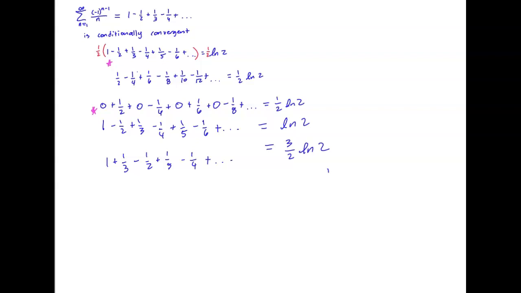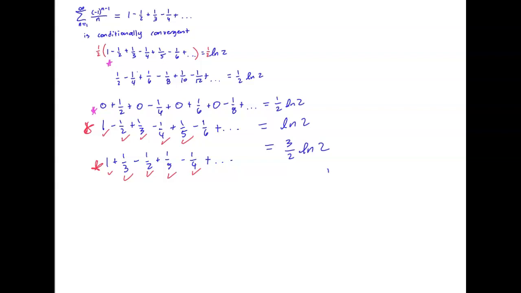And so what you'll notice is that this series actually has the exact same terms as our original series. They're rearranged though. So I have the 1, I got the 1. I got the negative 1/2, I got the negative 1/2. I got the 1/3, I got the 1/3. Got the negative 1/4, 1/4, 1/5, 1/5. And so we end up with the exact same series, but the terms are rearranged.